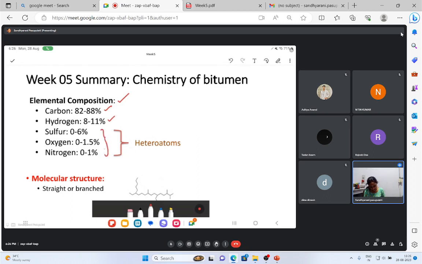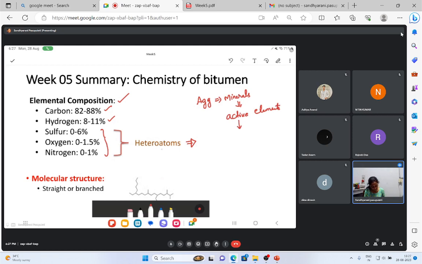remaining sulfur, oxygen, and nitrogen, which are called heteroatoms. These heteroatoms are the main elements that help us interact with the aggregates, because we know the aggregate surface has different kinds of minerals. These minerals have some active elements or molecules, a few of them are active.